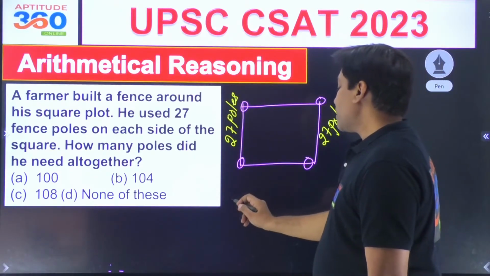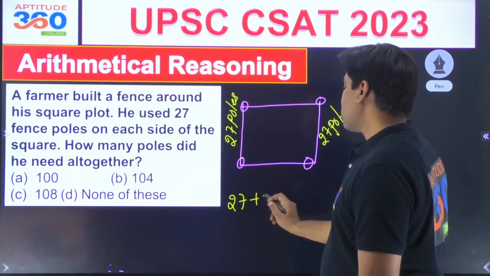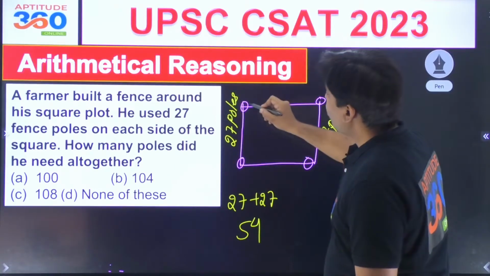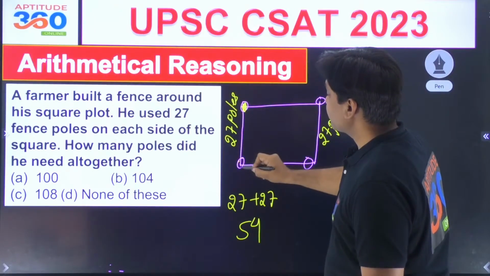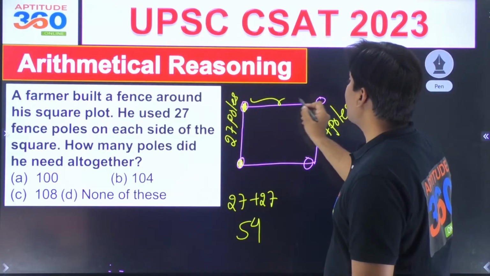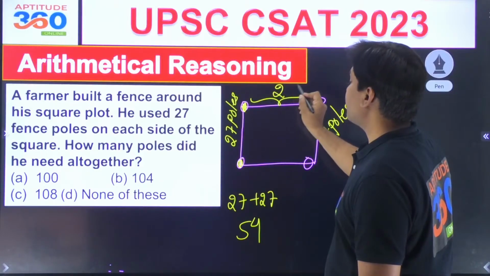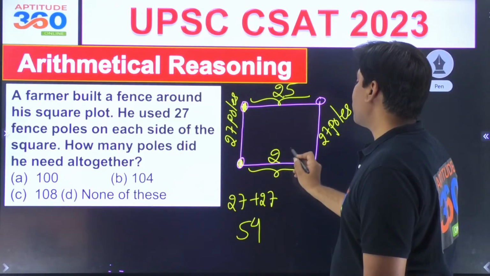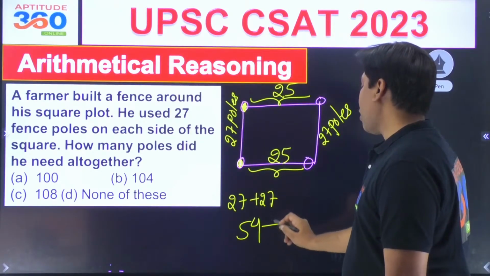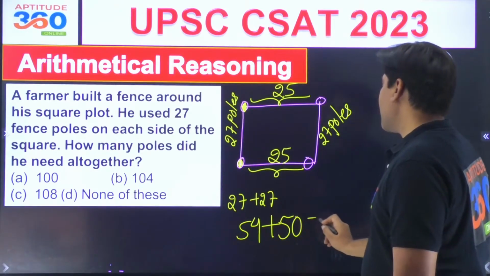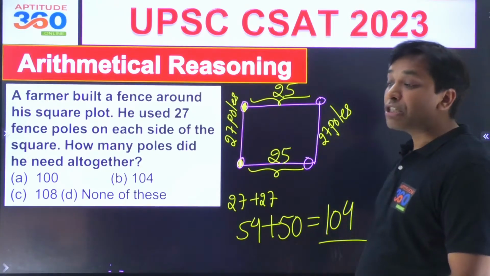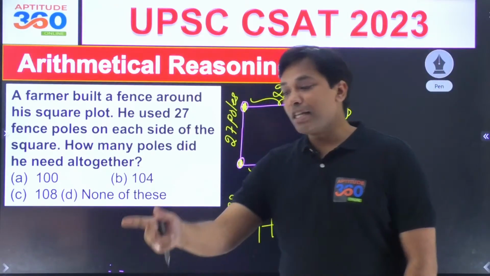So 27 and 27, there are a total of 54. Now understand this. One pole has already been here. So the poles that you will need here, how many will be needed? 25 will be needed. How many will be needed here? You would be needing only 25. So how many of the poles are required? The number of poles that are required is only 104. It is not 108. Saida got the right answer.